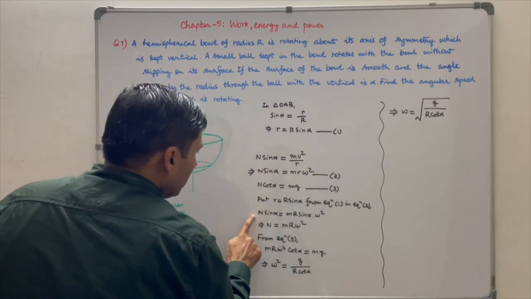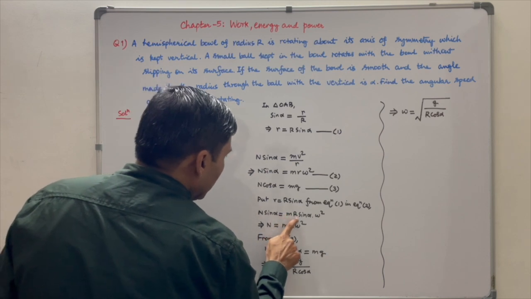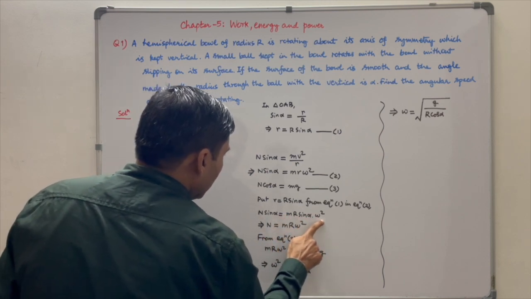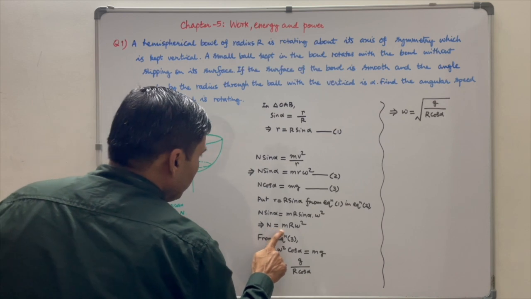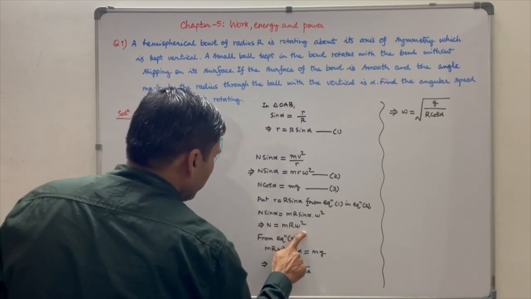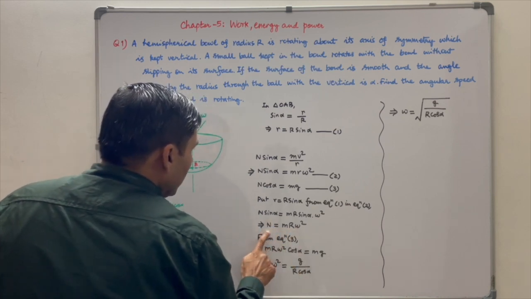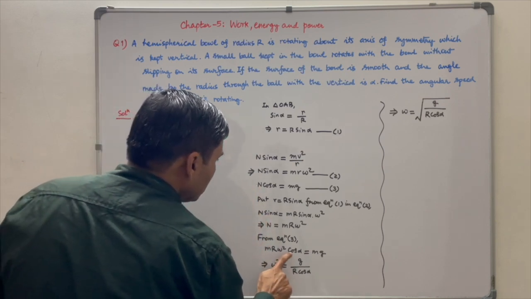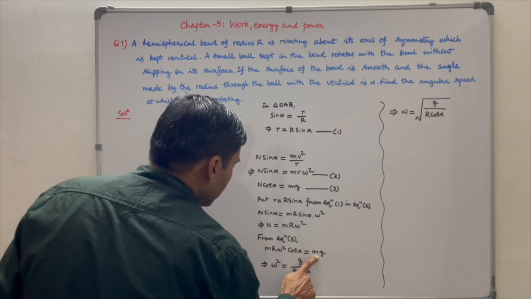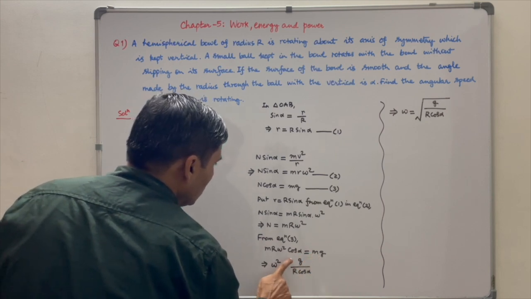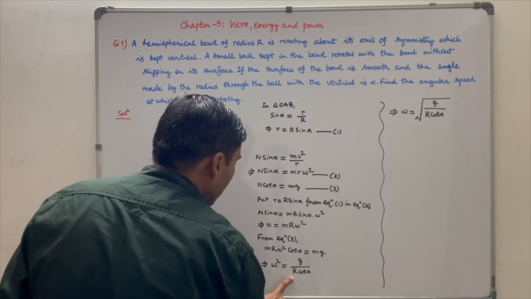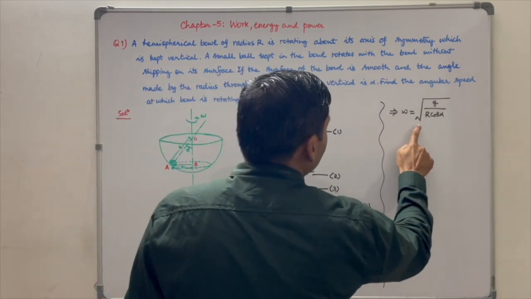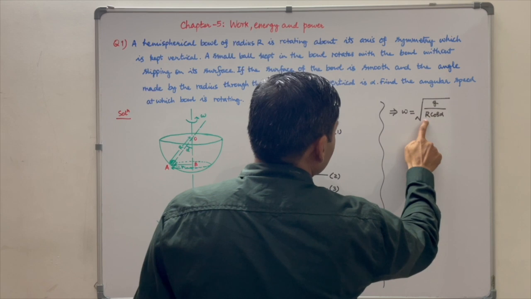So N sin alpha is equal to m capital R sin alpha omega square, or N is equal to m capital R omega square. Put the value of N in equation number 3. So m capital R omega square cos alpha is equal to mg, or omega square is equal to g upon R cos alpha, or omega is equal to under root g upon R cos alpha.